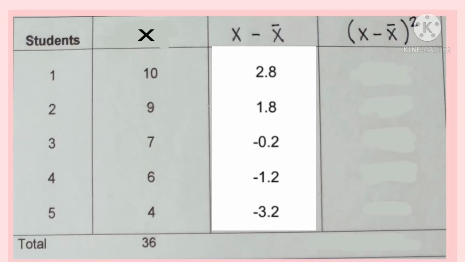So now the differences between the x and the x bar, or the score and mean, are 2.8, 1.8, negative 0.2, negative 1.2, and negative 3.2. Now we already have our data in column 3.